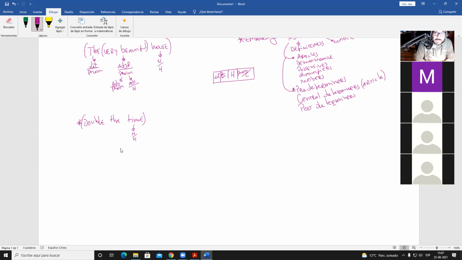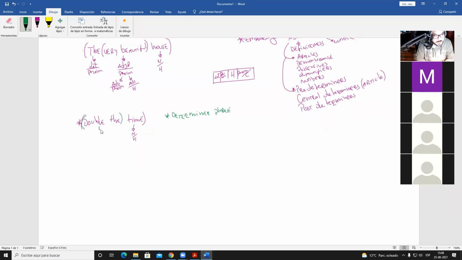So some grammarians, like Biber, for example, state the existence of a thing called a determiner phrase, which is the union of all the determiners you can find inside of a noun phrase, right?